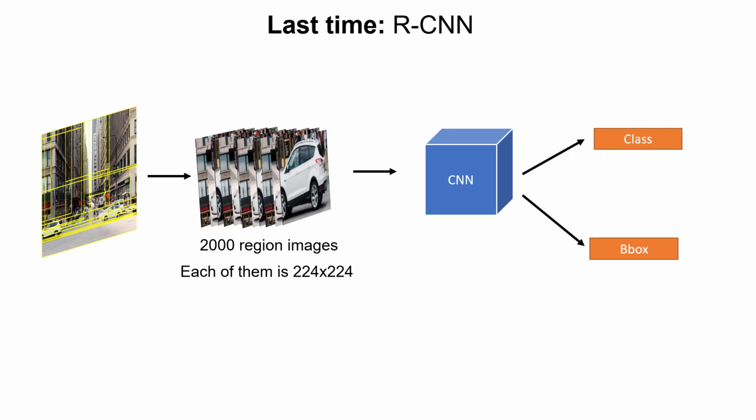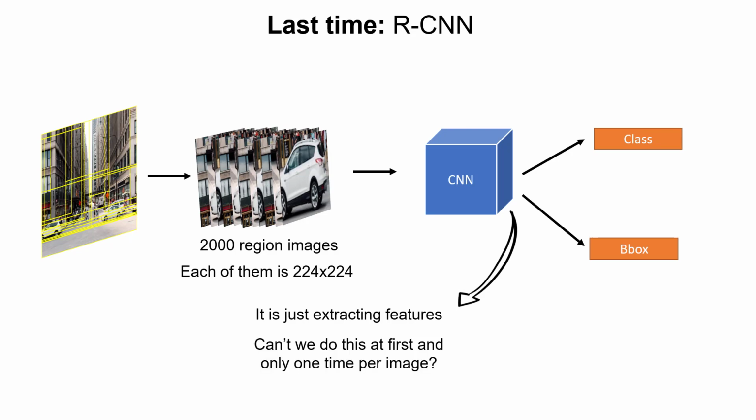But how? Well, if we take a look closely at the CNN module, we realize that it is just extracting features from the region images. Now we might wonder, can't we do this at first and only one time per image? I mean, logically, these region images are part of our input image, and it shouldn't make any difference if we give the whole input to our CNN module, because it should again extract the features that it extracts from each region image.